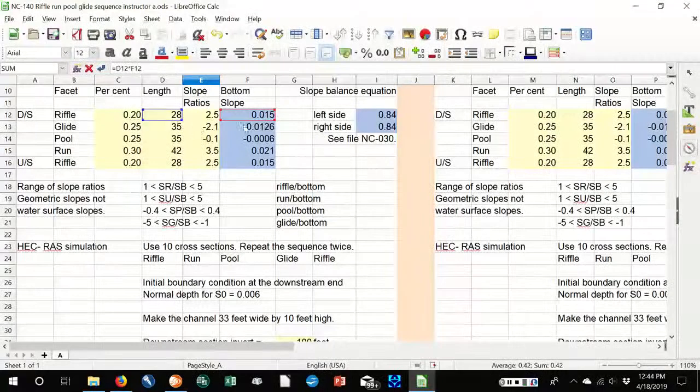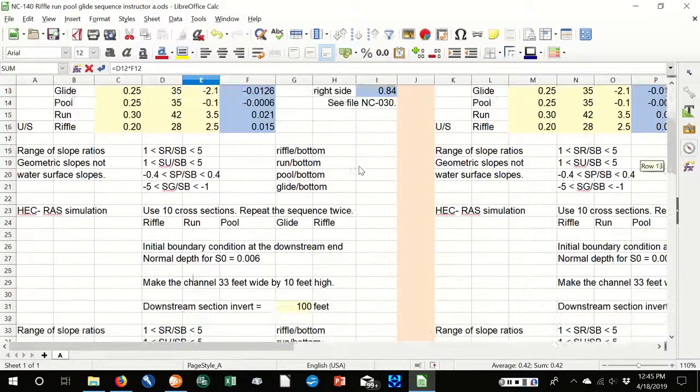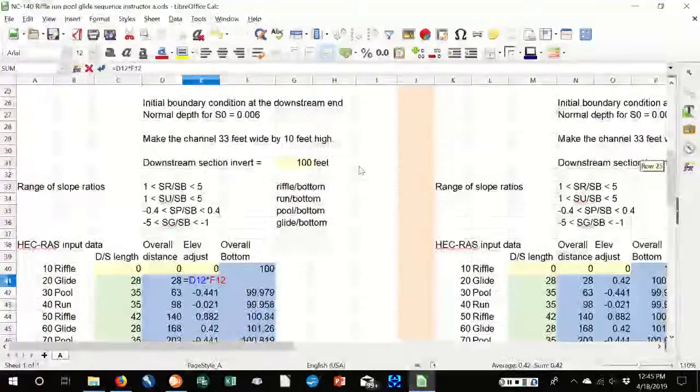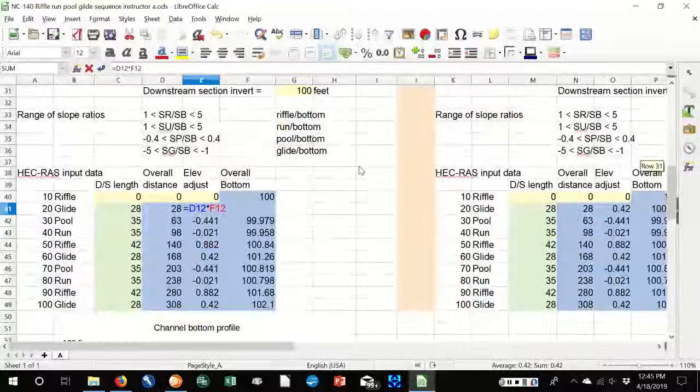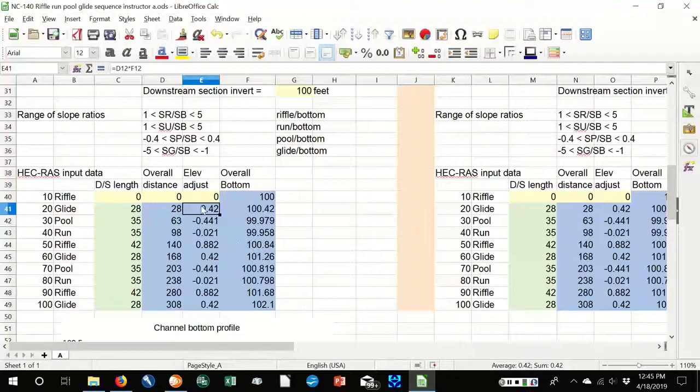So the length of the facet times the slope of the facet tells you the vertical rise or fall through the facet. So that's how this entire column was calculated.